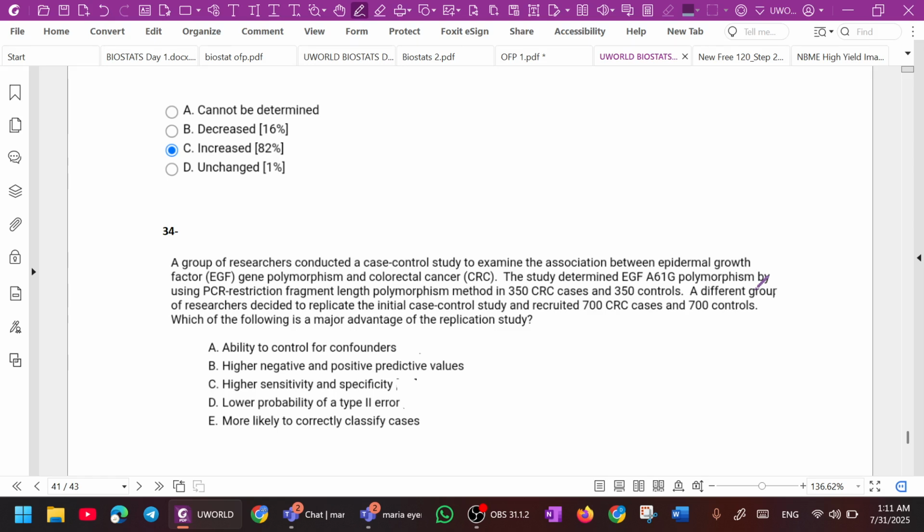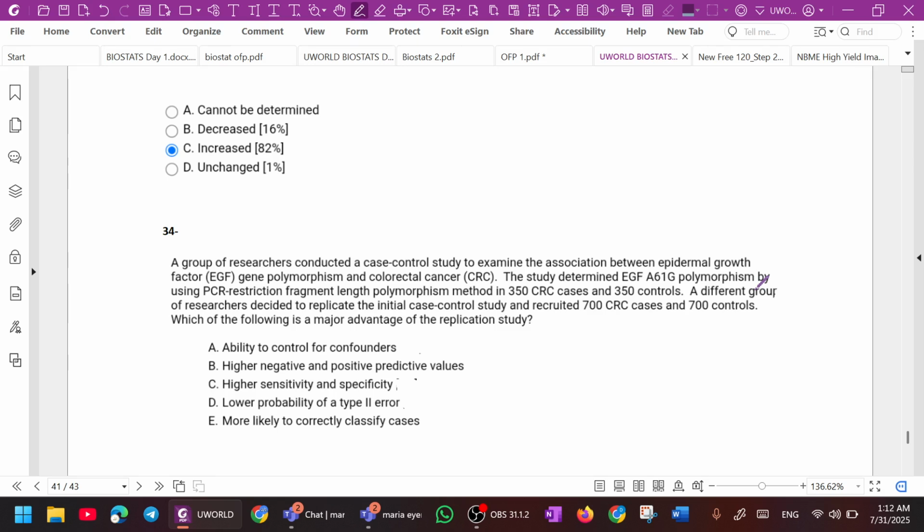Type 2 error. Type 2 error means the investigator thinks there is no abnormality, but in actuality there is an abnormality. So the investigator thinks that there is no disease, but in actuality there is a disease.